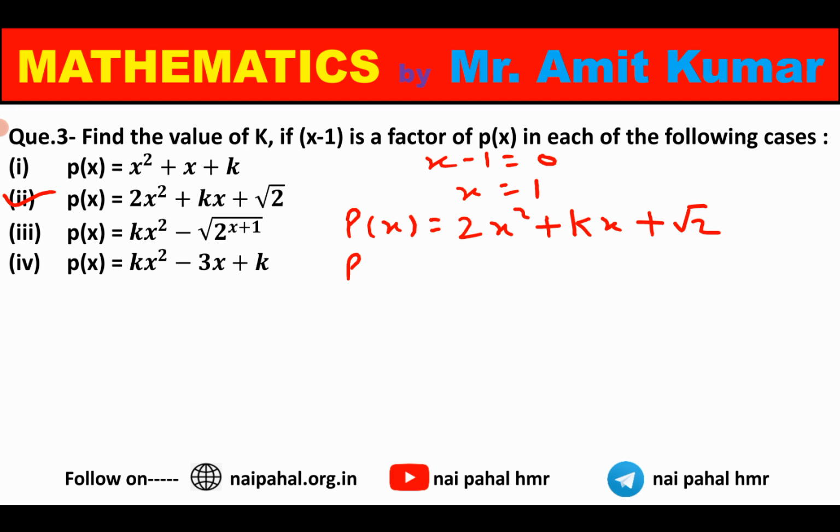So if you add them, then you will get 27 plus 9 is 36, minus 36. So the answer will be 0. And again, if the remainder is equal to 0, then gx is a factor of px.